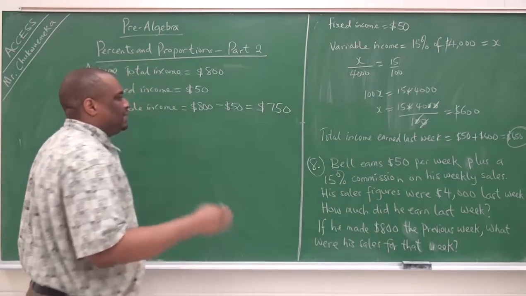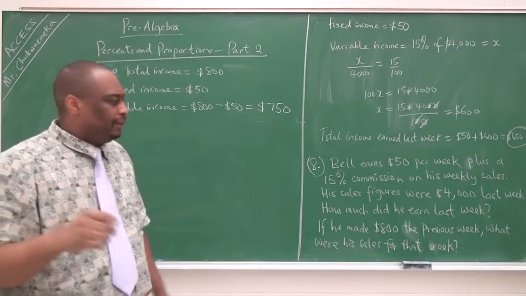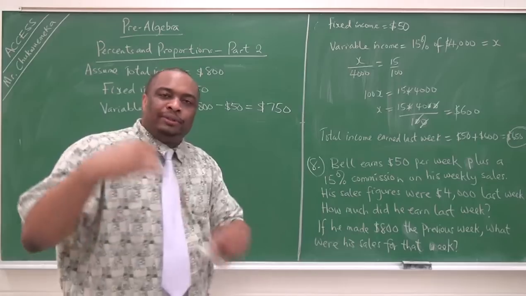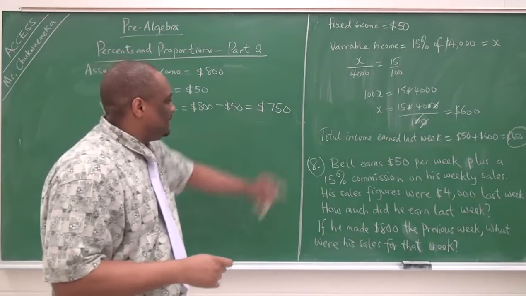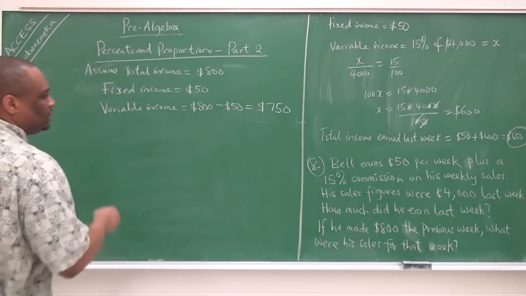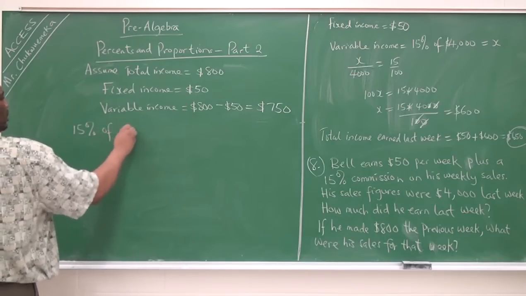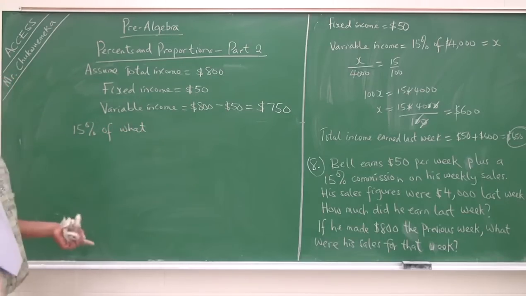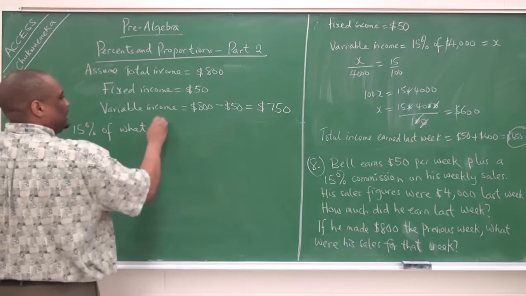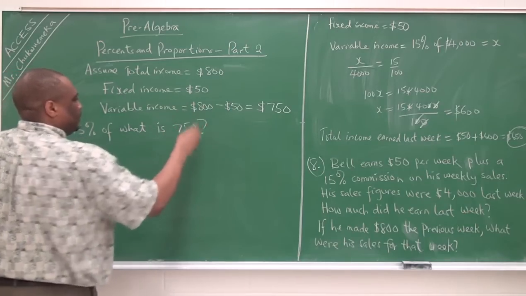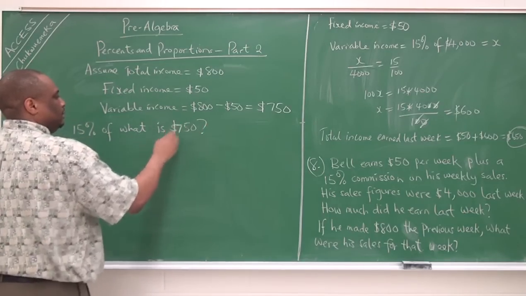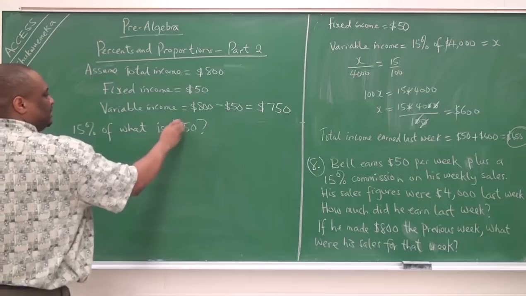So $750 was the variable income, right? We now want to find the sales that gave him this $750. So we now say, okay, 15% of what? Because of that sales, we don't know what sales. 15% of what is $750? Okay, because it is based on commission.